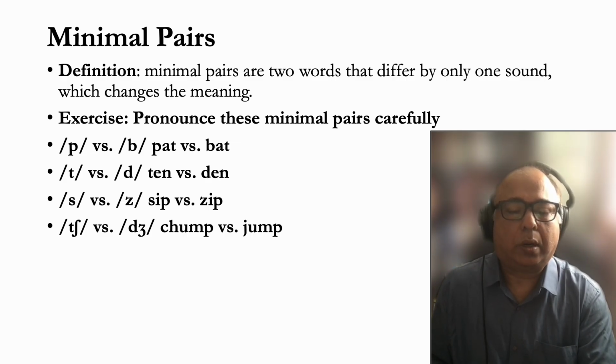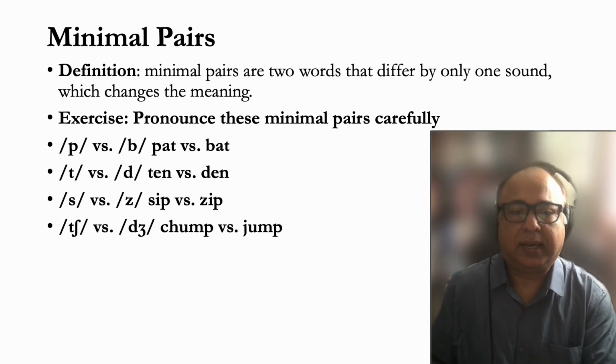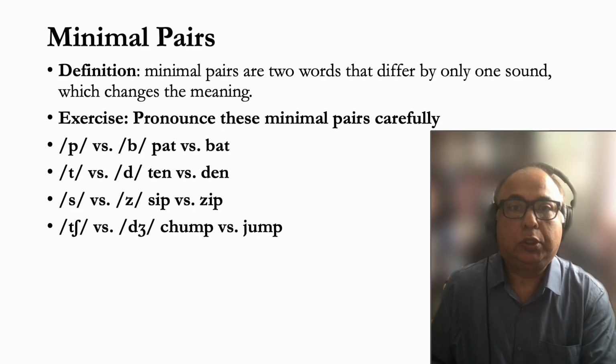In the second word, it's b. Pat versus bat. T versus d. Ten versus den, or two versus do. S versus z. Sip versus zip. Ch versus j. Chump versus jump.